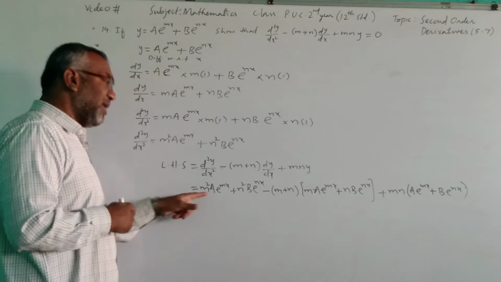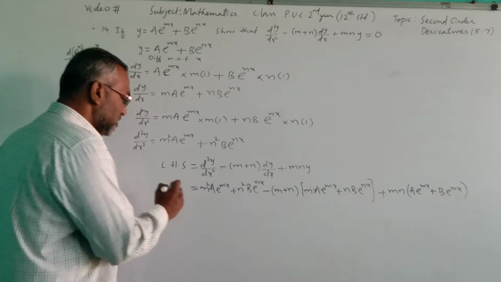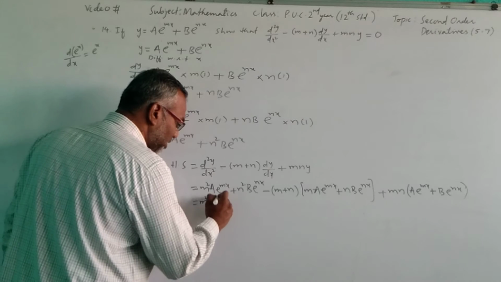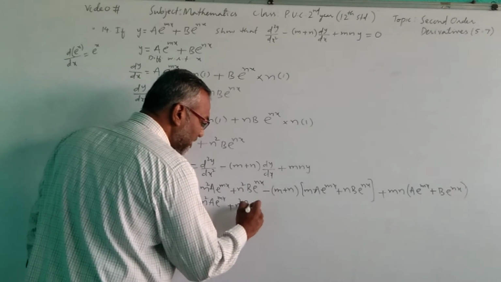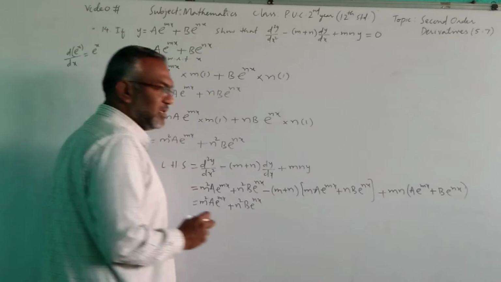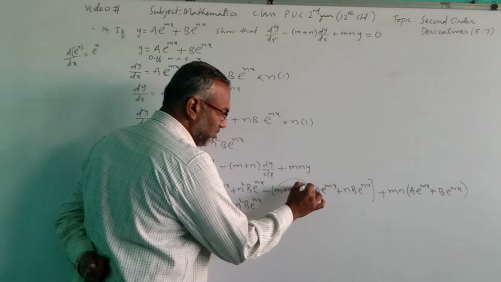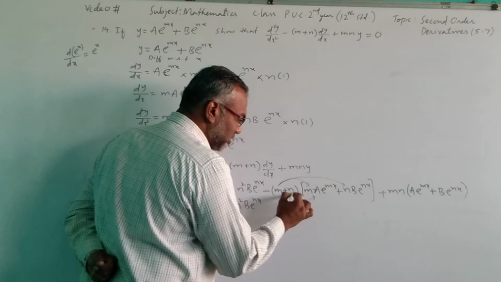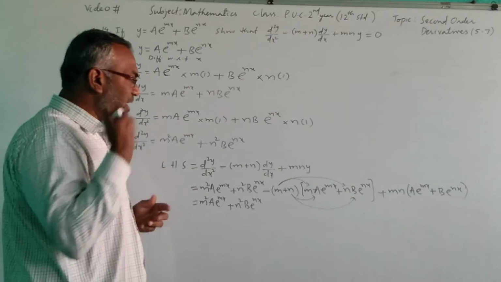Now, on simplifying this, we must get 0. Let's see if we can get it or not. That will be equal to m square a e to the power of mx as it is plus n square b e to the power of nx as it is. Now multiply this. We multiply this by this, then this by this, and so on. We are multiplying a binomial by a binomial.